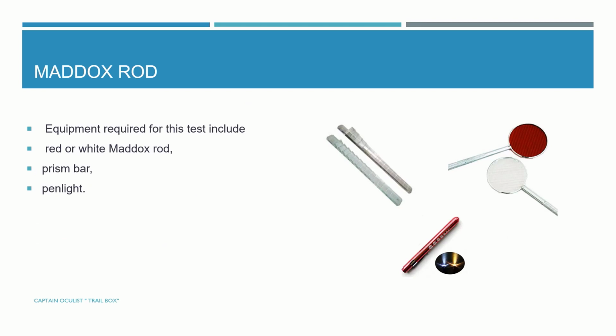As we mentioned earlier, it is used in indication of squint, heterophoria, and subjective measurement of deviation. Let's talk a little about the procedure of the Maddox rod test.